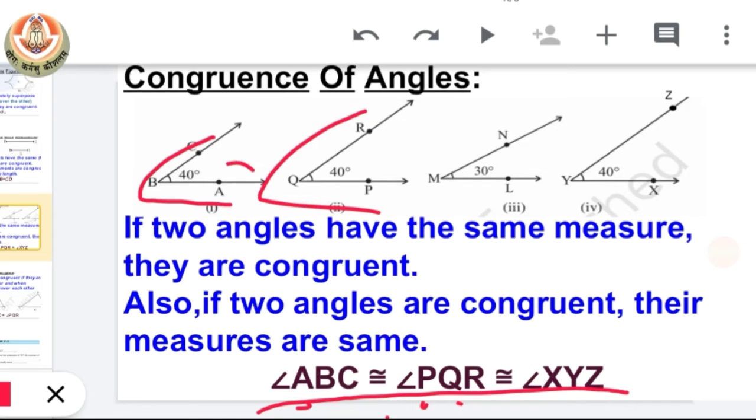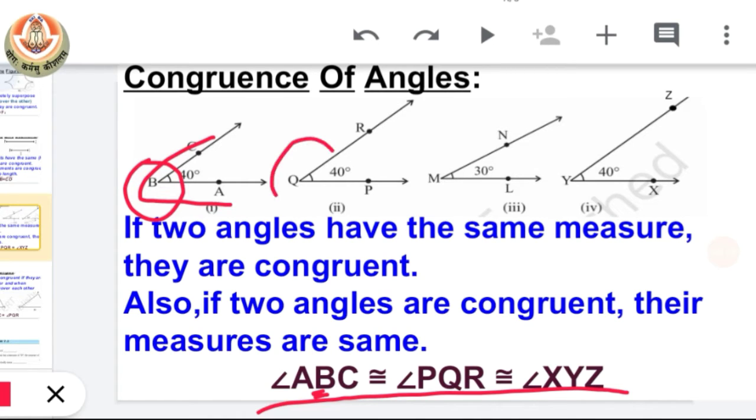You can see here we have A on the below arm. So when we write A first, then we write the point on the below arm first. Then we write the vertex where the angle is formed. In the first figure the angle is formed at vertex B, so we will write B.